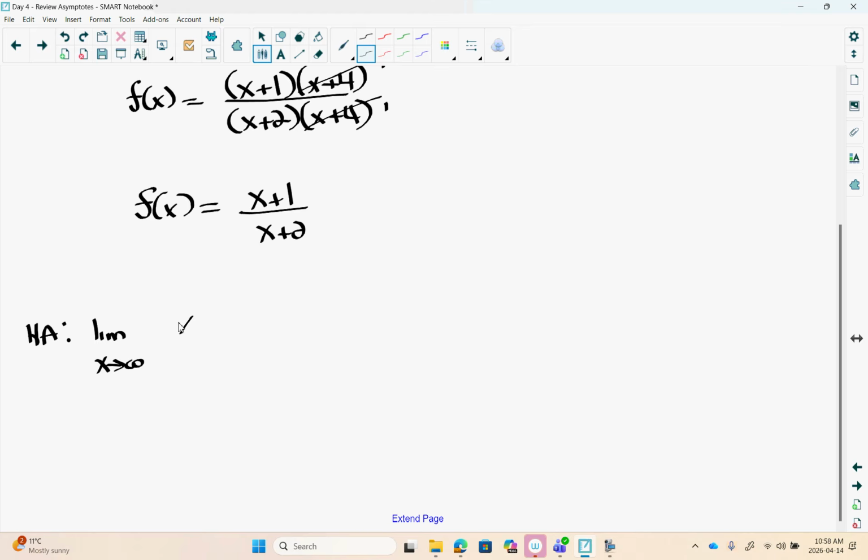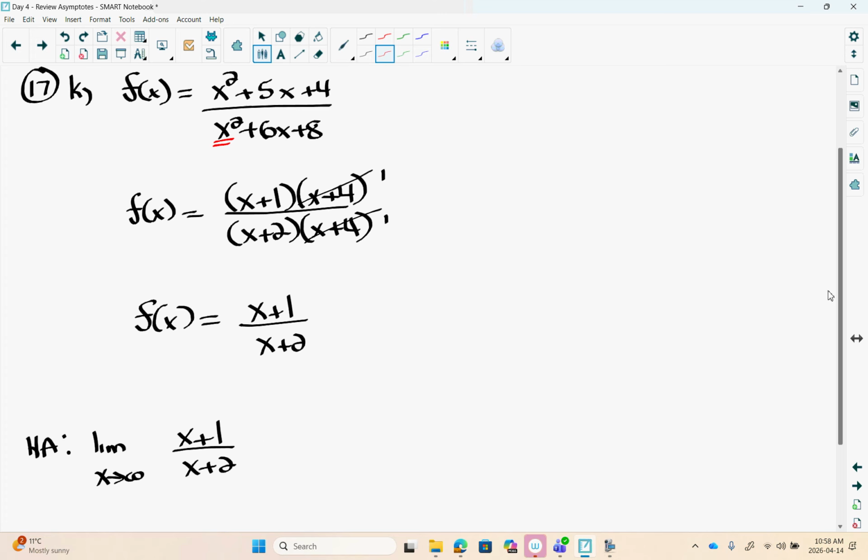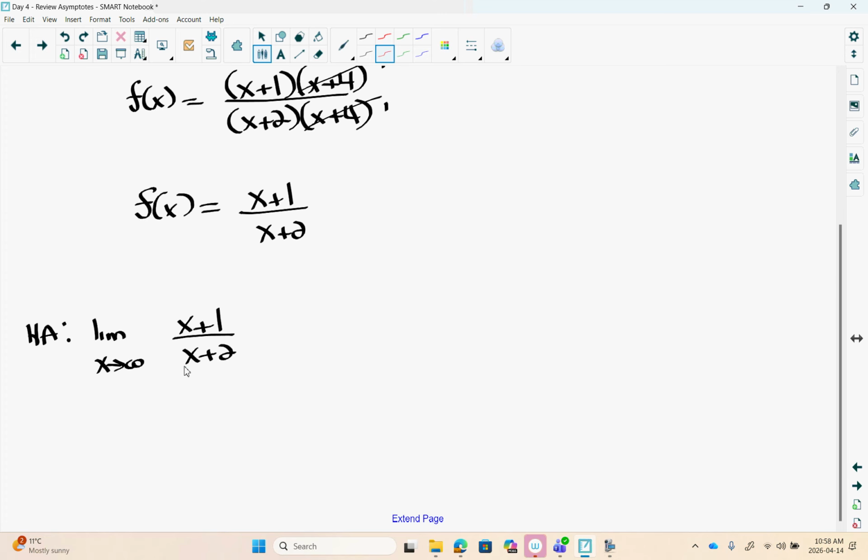Now, you could use the factored form, x plus 1 over x plus 2, or the original. If I was using the original, I would divide everything in the numerator and denominator by x squared. If I'm using the factored form, I'm going to divide everything in the numerator and denominator by x to the first, the highest power that is present in the denominator.